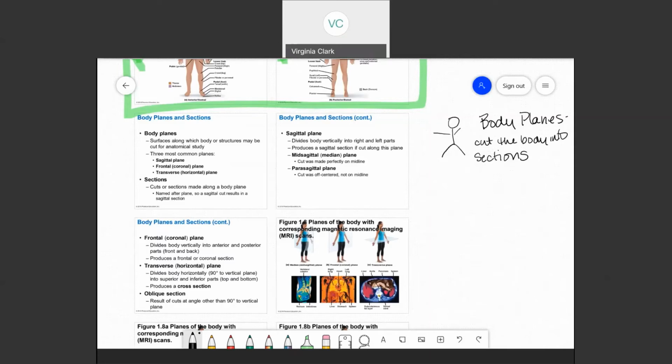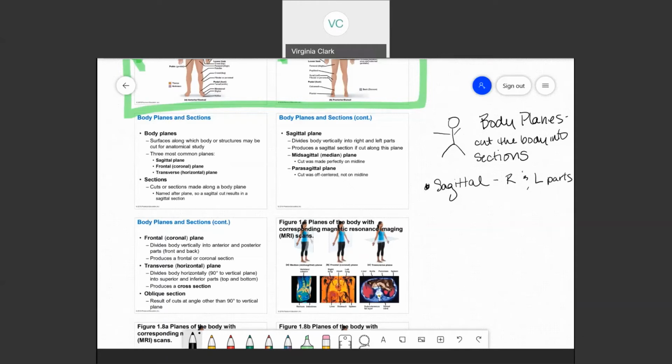And this is where you need a visual, that's going to be the best one to see. So the first body plane is going to be the sagittal. And the sagittal will split the body into right and left parts.